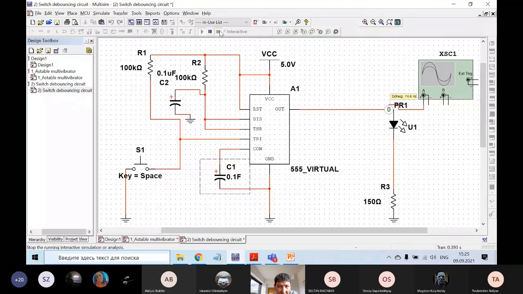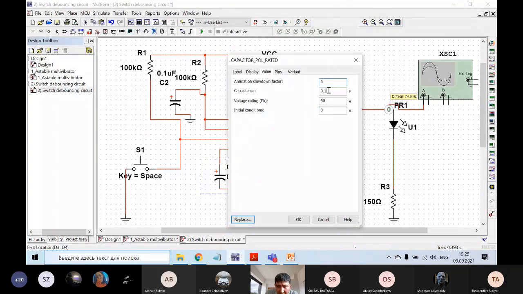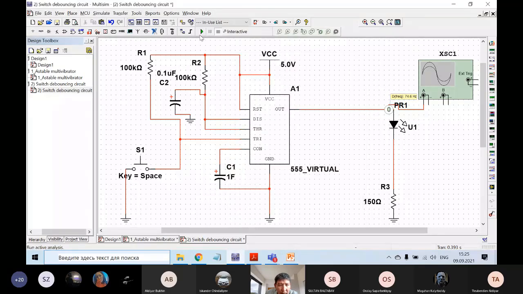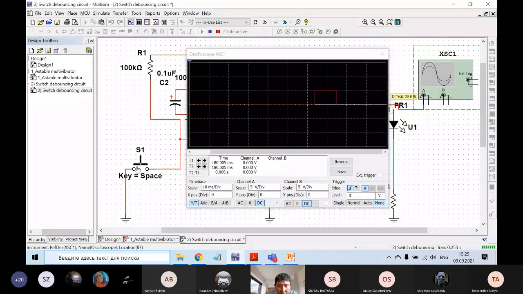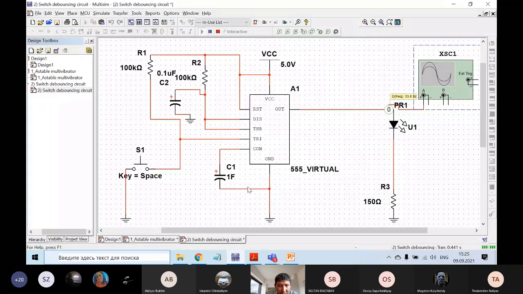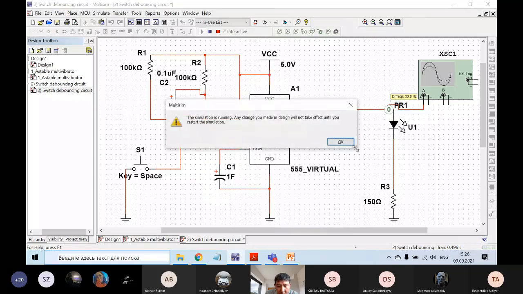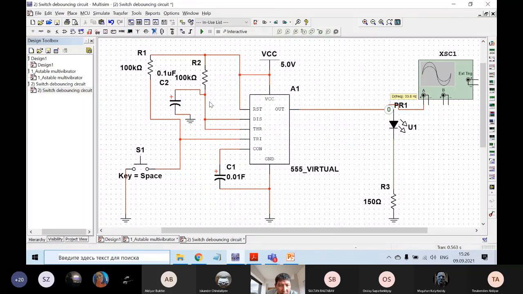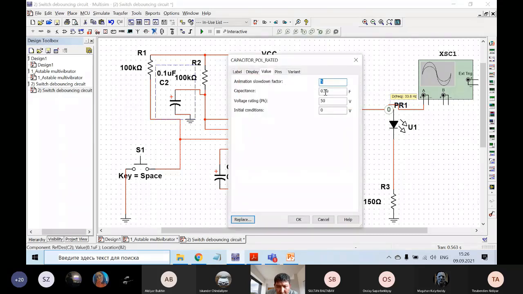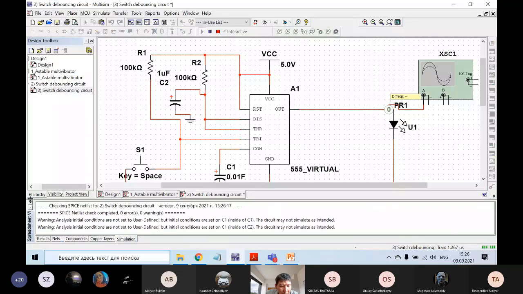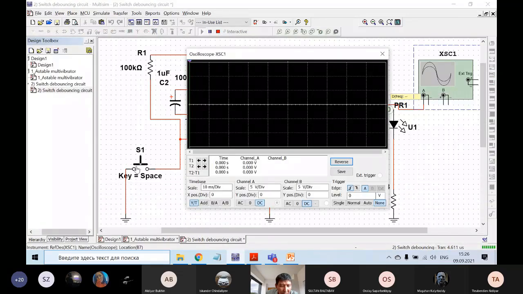So let's change to a bigger value, maybe 1 farad. Again, run. There is some dynamics, but it's not so profound. Okay, let's come back to 0.1. Let's try to change this one. Okay, push.